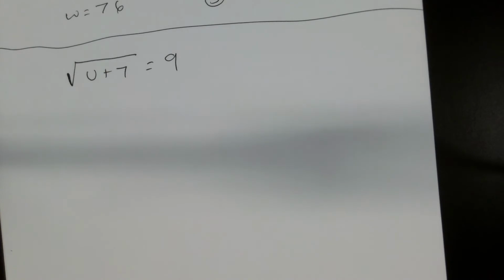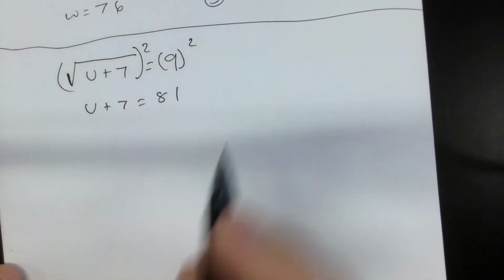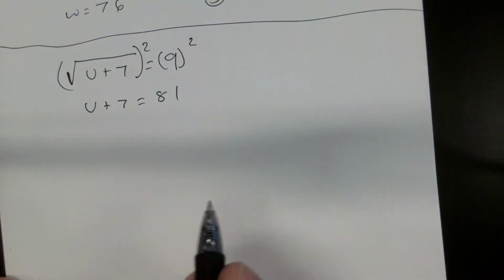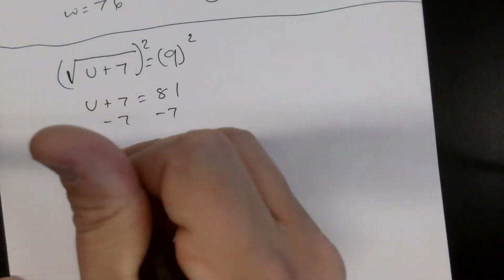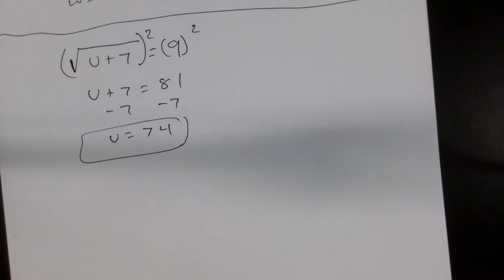Done? Preston? Travis? Travis, what did you do first? Okay, so we square both sides, and we're left with u plus 7 equals 81. Then what, Trav? Subtract 7, so u equals 74. Who got that one right? Raise your hand.